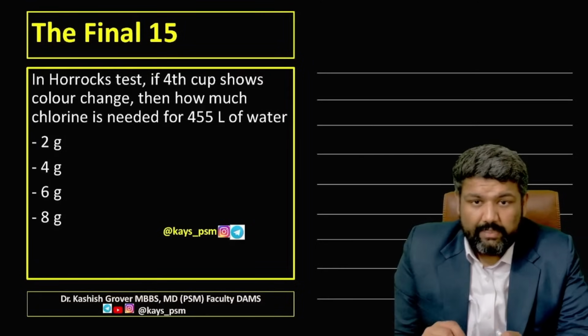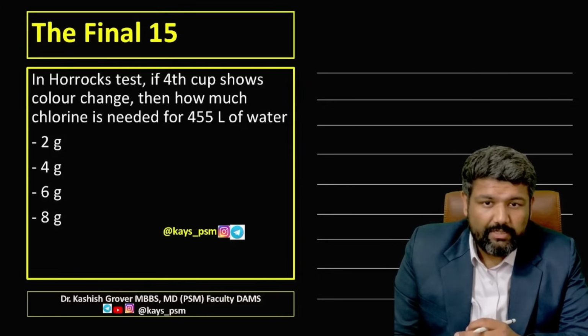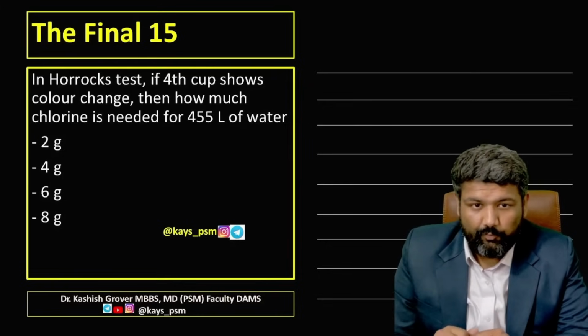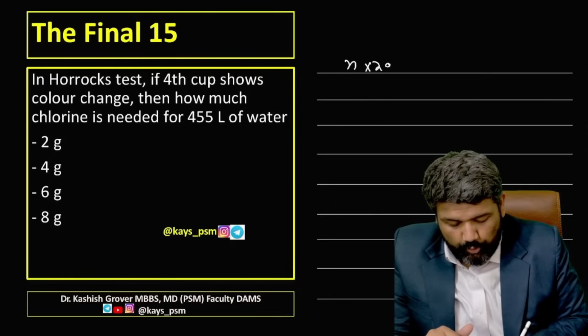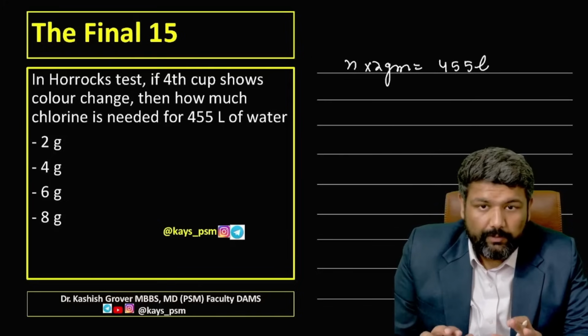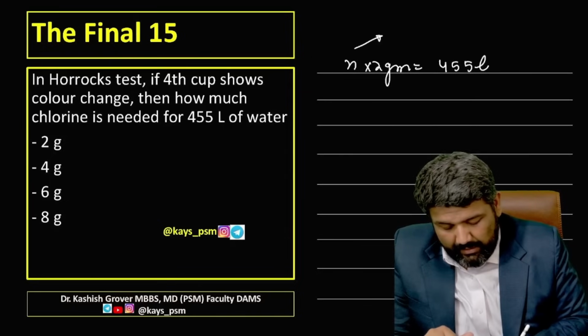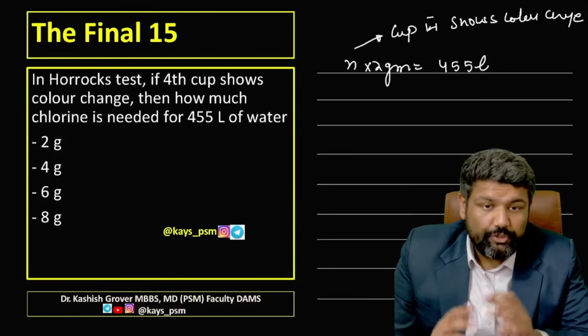In Horrocks test, if the fourth cup shows color change, then how much chlorine is needed for 455 liters of water? Guys, the formula is N into 2 grams is needed for 455 liters of water. What is N? N is the cup which shows color change.